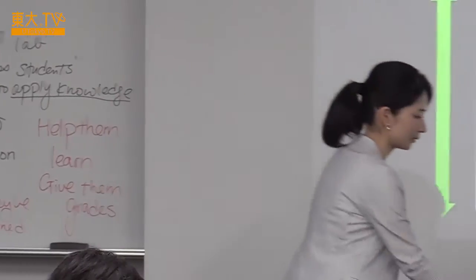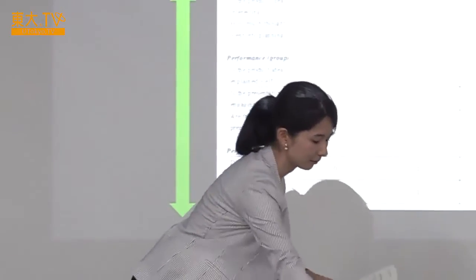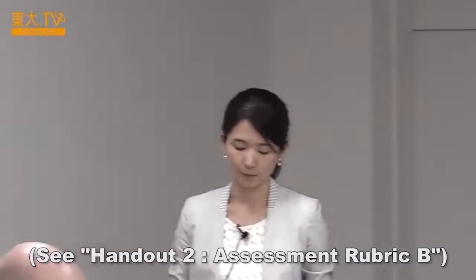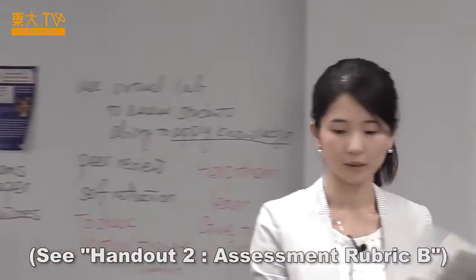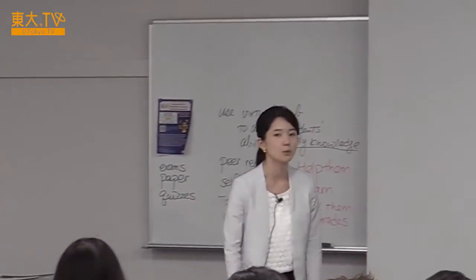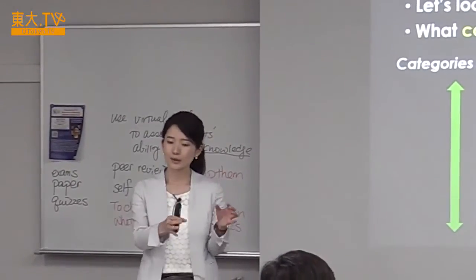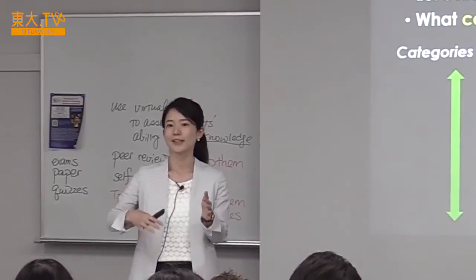Okay, so then maybe let's compare it with this one with actual descriptions. We can use assessment rubrics for different purposes. The students can use this rubric to assess each other.